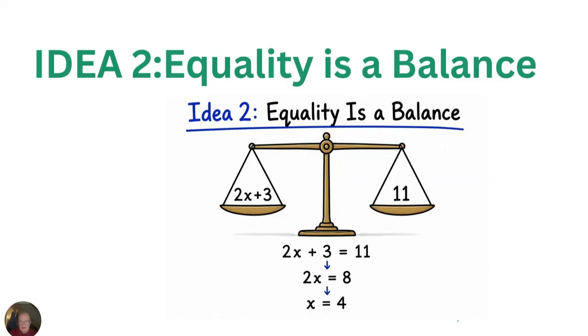So this becomes 2x equals 8. And now I have to get rid of that 2, and since the 2 is being multiplied by the x, to undo it I have to divide by the 2, both sides. So we end up with x equals 4. And now we have managed to keep the scale balanced, and it did not tip over. That's what you're always trying to avoid, is that tipping, but we are in balance.